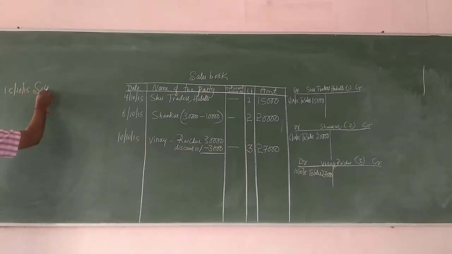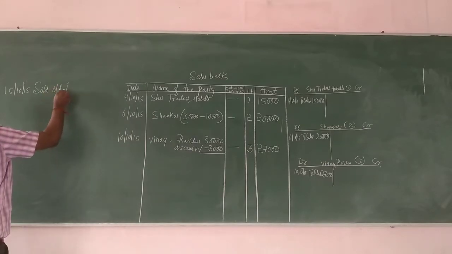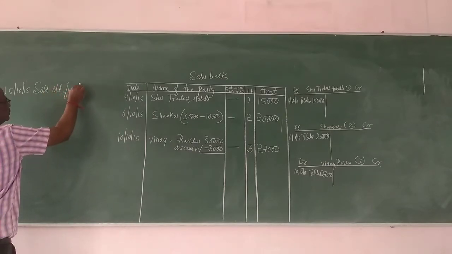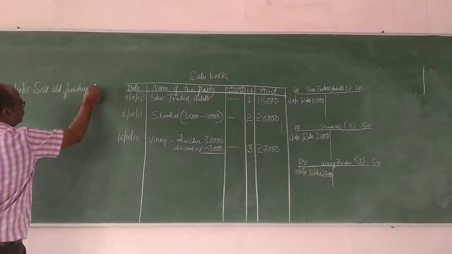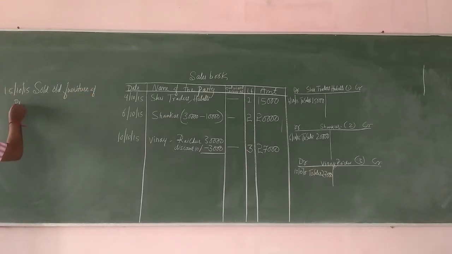Sold old furniture of rupees 5,000 to Ram.